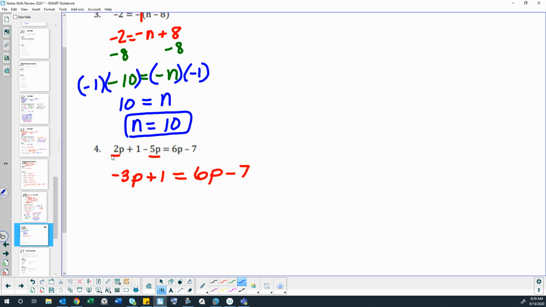Okay, next we're going to get the variable all up one side. So which side should we move the variable to, the left or the right? Your opinion, I'm going to move it to the left. So I'm going to subtract 6p from both sides. So that turns into 0, and we have -3p and -6p gives us -9p.